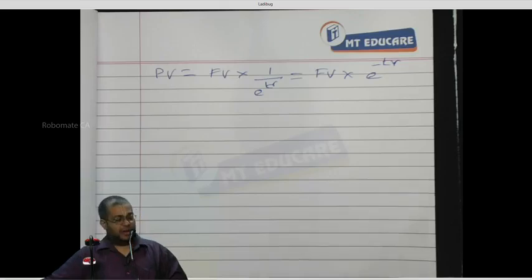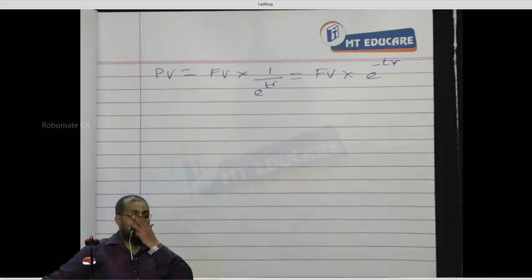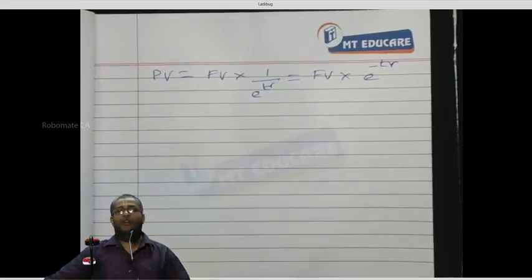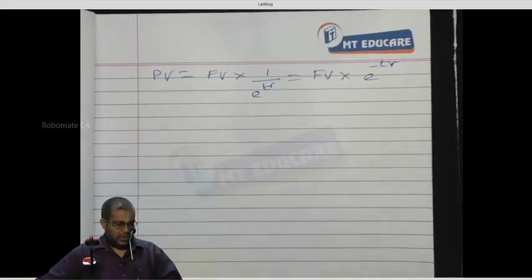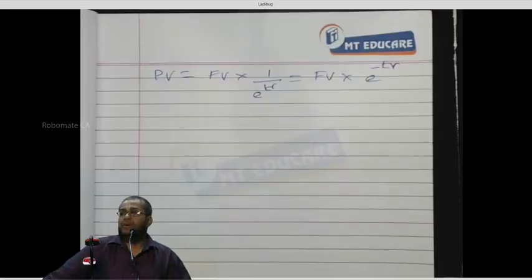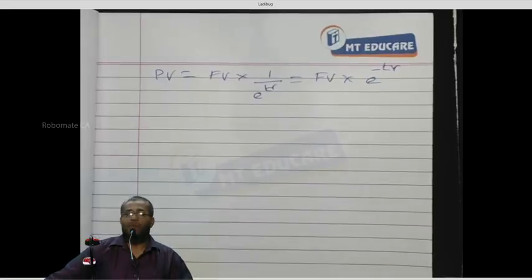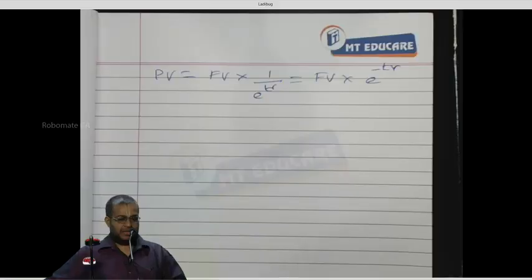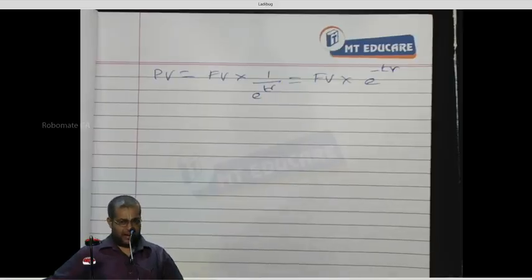Mr. X requires a maturity value of 1 lakh after 1 year.